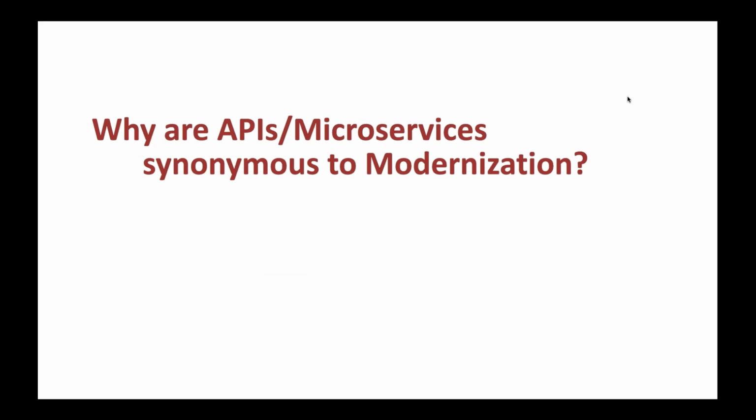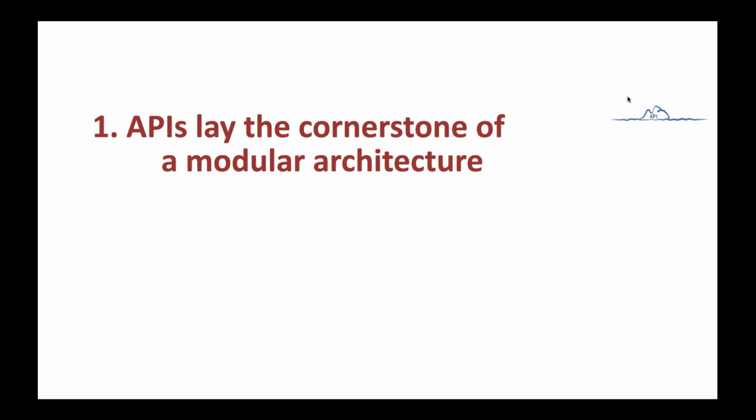So why are these microservices synonymous with modernization? I think the best way to orient this is to think of APIs as sort of the iceberg floating on the surface of the water, where the API itself is really just a small tip of the new architecture, because APIs themselves have been around for a long time.